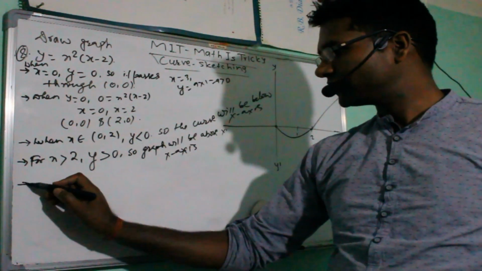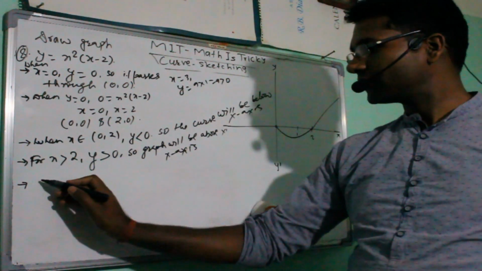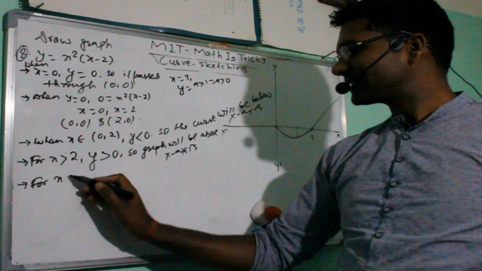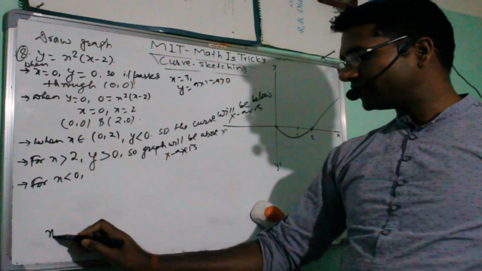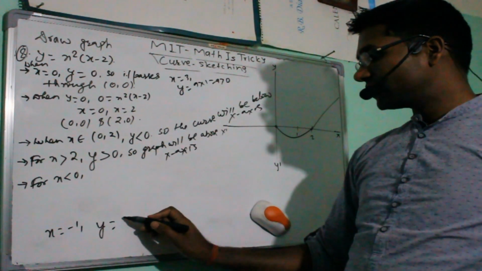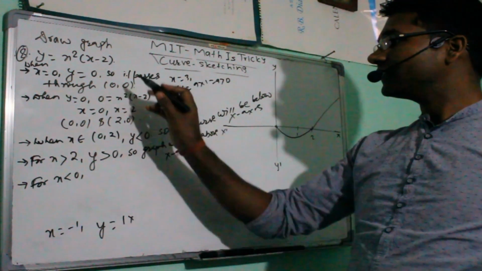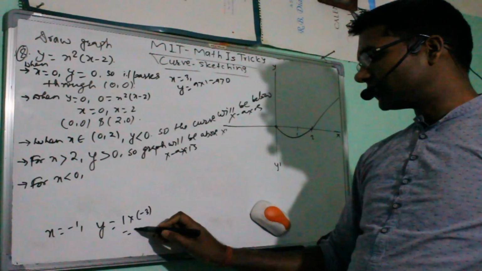Now let's move to x less than 0. What is happening? Suppose we are putting x equals minus 1. So what is the value of y? Minus 1 squared means 1, and again minus 1 minus 2 gives minus 3.